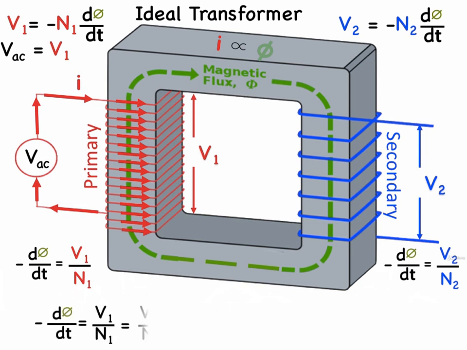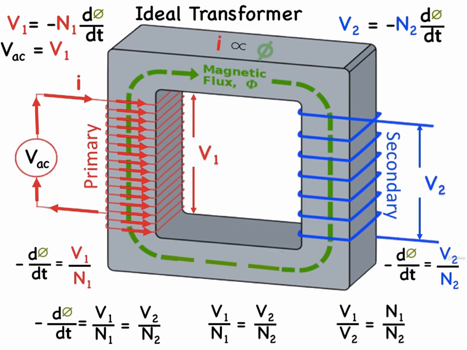Therefore, we can write minus dφ/dt is equal to V1 divided by N1 is equal to V2 divided by N2, which means V1/N1 = V2/N2. Or rewriting it, we can see that V1/V2 = N1/N2.